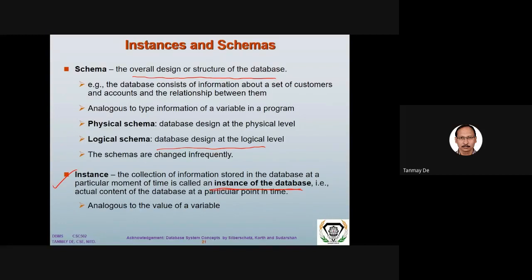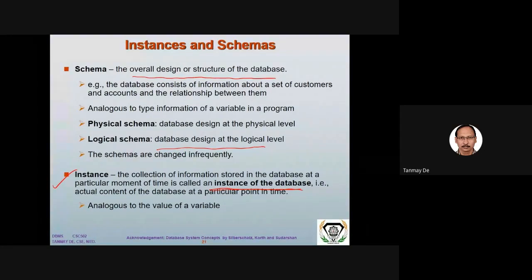These are declarations that define the data type or record type. They change very rarely, but the value of the variable can change frequently. So the value of the variable is the instance, that is, the value contained by the variable at a particular instant of time. But the definition of the variable with its type is in the logical schema.